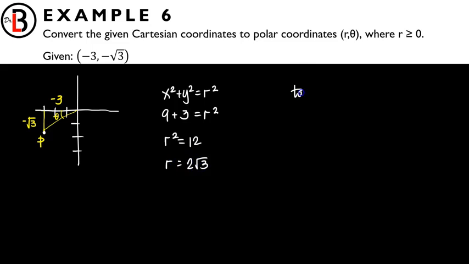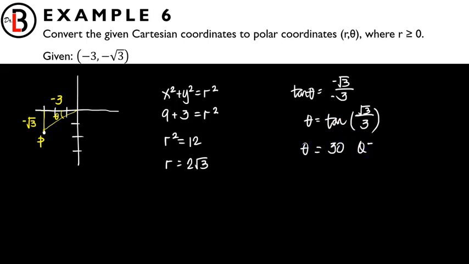And then tangent of theta is opposite over adjacent. Both are negative. So arctangent of negative, sorry, square root of 3 over 3. What's the arctangent of that? It's 30 degrees.